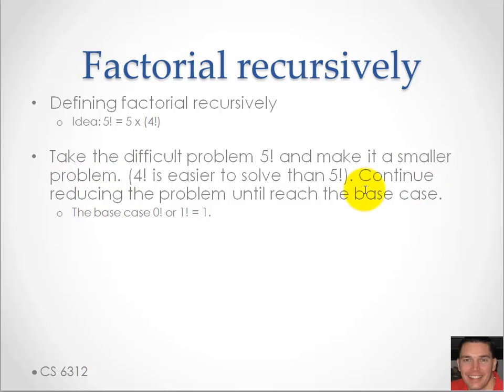And then this is going to continue down until we reach the base case, which is our simple solution here that we can solve. So the base case here is going to be both 0 factorial or 1 factorial equals 1. So if we keep breaking this problem down, when we reach 1 factorial, it's going to return 1, which can then allow us to solve the rest of these problems back up.